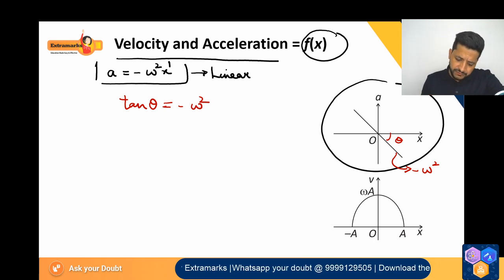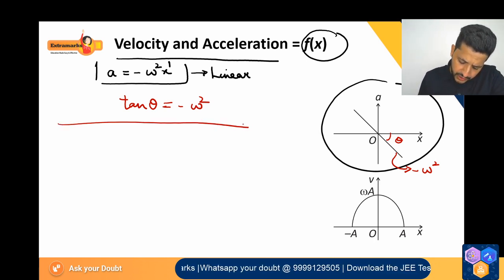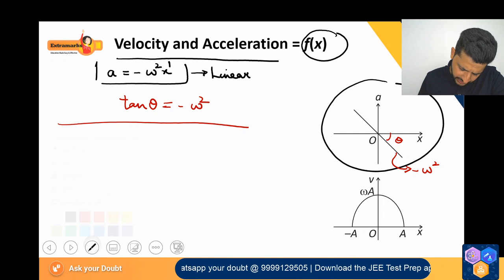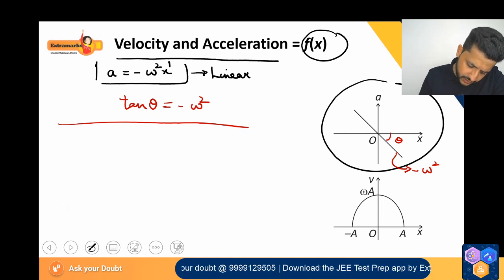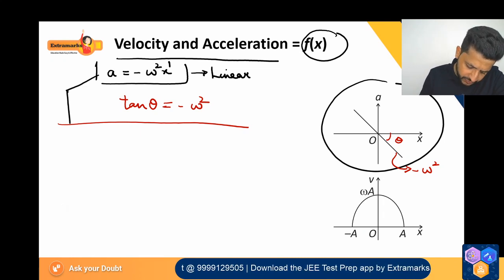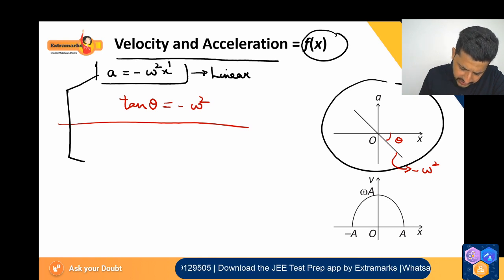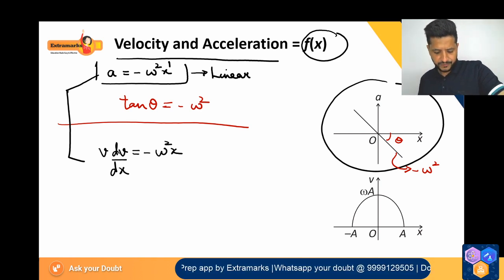There is another graph which we can see, and to understand that graph, I will write the same equation in a different form. I'll write it as v dv by dx is equal to minus omega square into x.